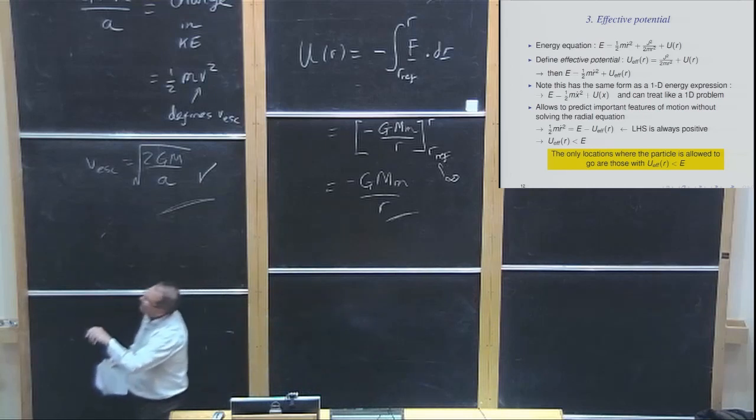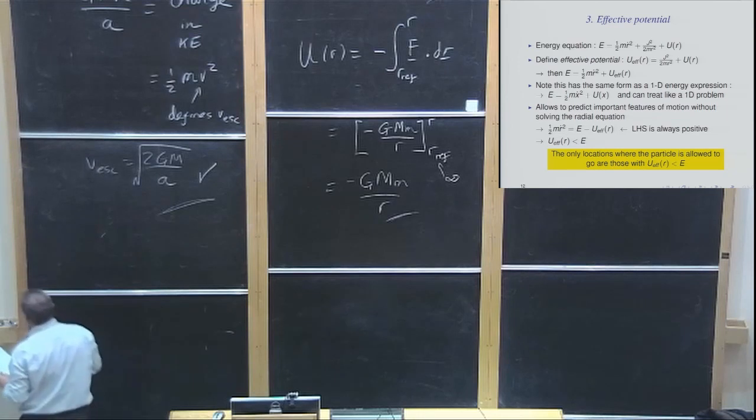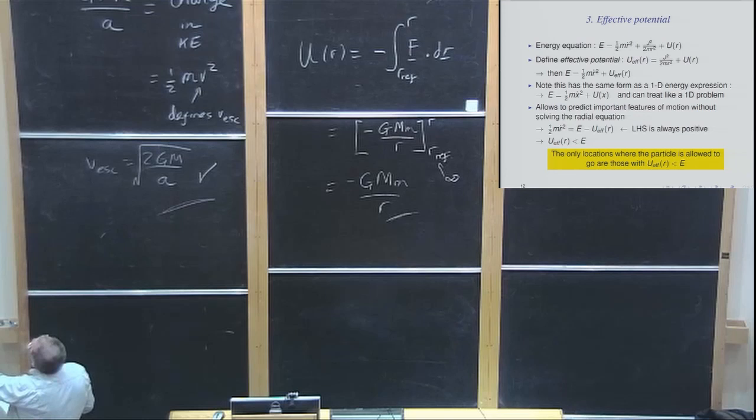Now, we've been talking about this energy equation. What I want to do now is to remind you of this very elegant concept of effective potential. Okay, so this just comes from the fact that, by making use of the conservation of angular momentum, we've replaced this azimuthal kinetic energy term by something which just depends on J and R. And now what I will do is subsume this together with U into a general effective potential.